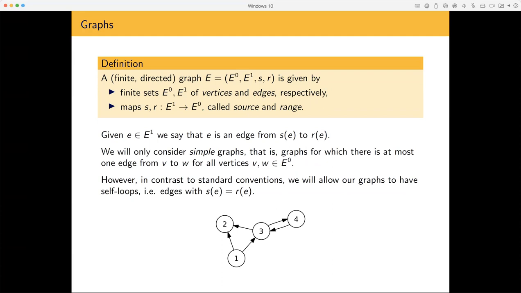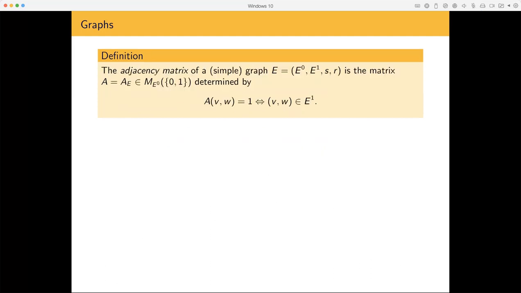Right, so that's a rich combinatorial structure, and you can ask tons of questions about graphs and phrase problems in terms of graphs. An equivalent way to encode the structure of a finite graph is to write down its adjacency matrix. That's just a matrix indexed by the vertices of your graph and has entries in 0, 1. You put an entry 1 exactly if there is an edge connecting the two vertices.